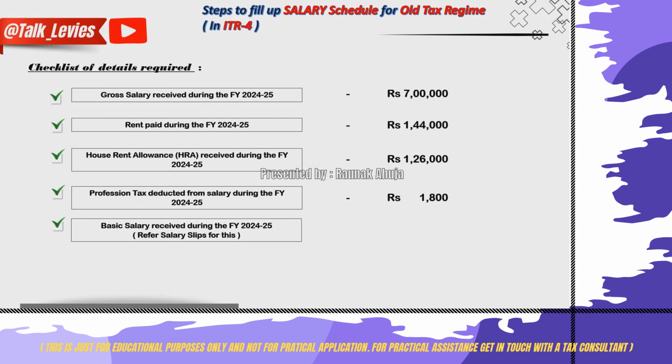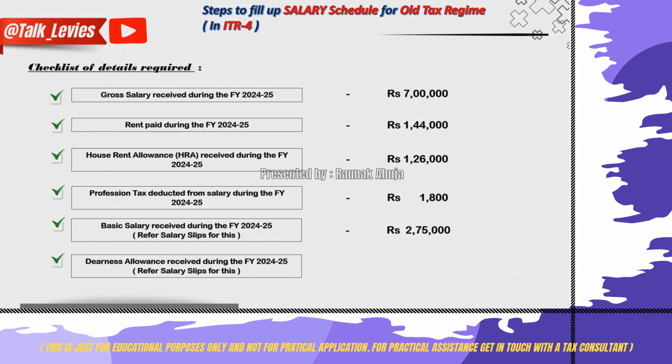Basic salary details received during the financial year 24-25: for this, you will have to refer to the salary slips of the employee. This might not be available in Form 16. It is rupees 2,75,000. And then DA allowance received during the financial year 24-25. This again would be available only in the salary slips of the employee. This is rupees 1,05,000.